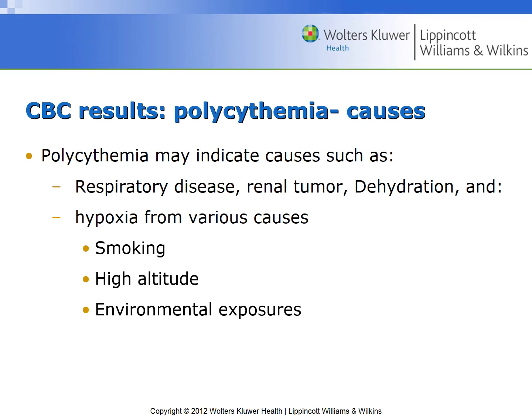And once it is bound to the hemoglobin, that hemoglobin can no longer carry any oxygen. So then the body makes another red blood cell to replace the oxygen carrying capacity that is lost. That's just one example.